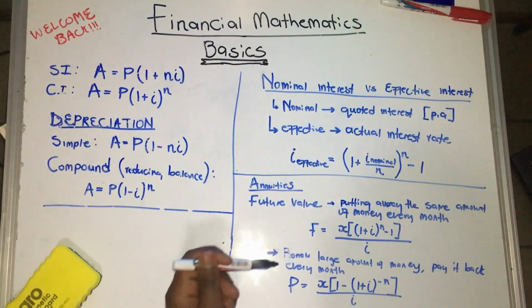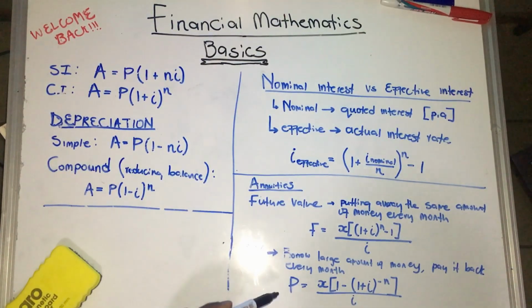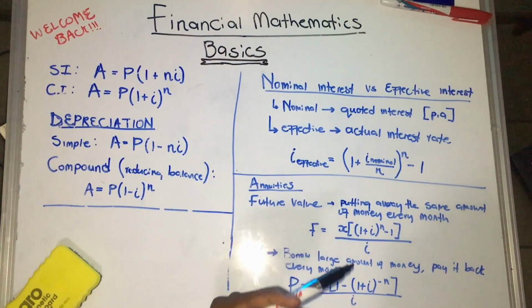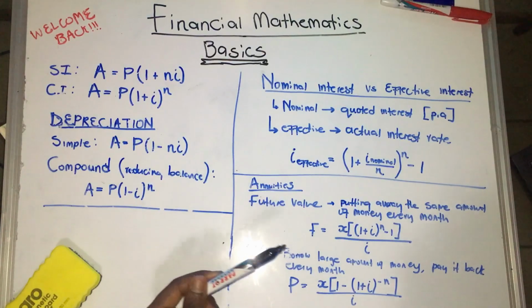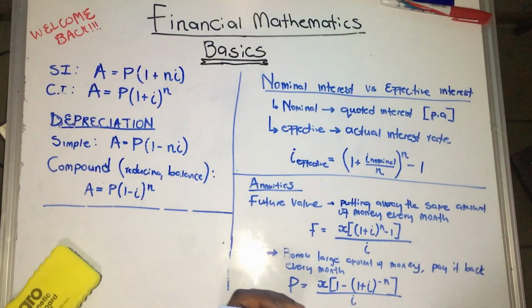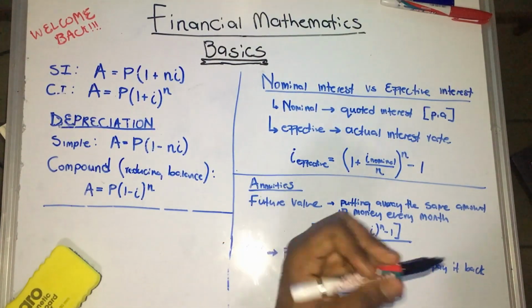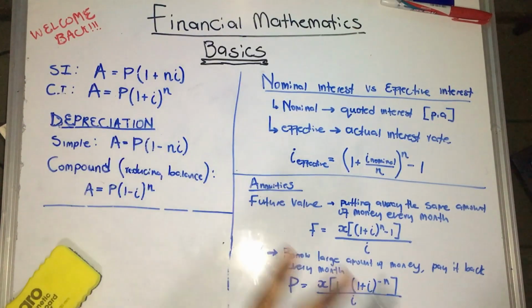Okay, the last one, again, is what we call a present value. In a present value, think of a scenario where someone is asking money from the bank, or they are financing a car, or they are financing a house. You're taking a loan, you're receiving a large amount of money from a bank or any financial institution, and then you're paying it back on a monthly basis.